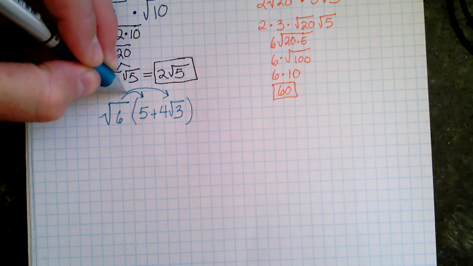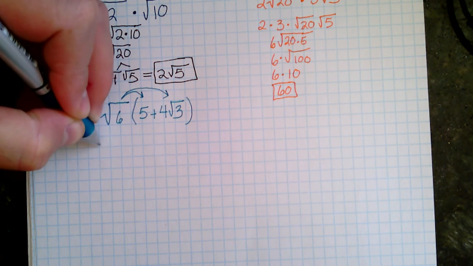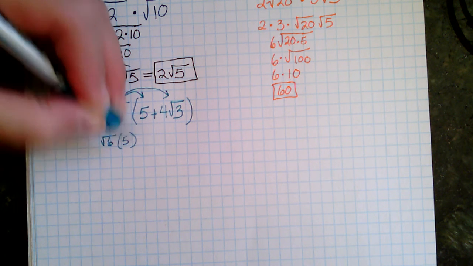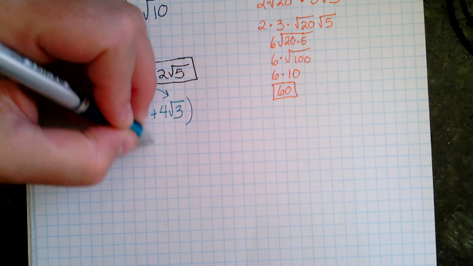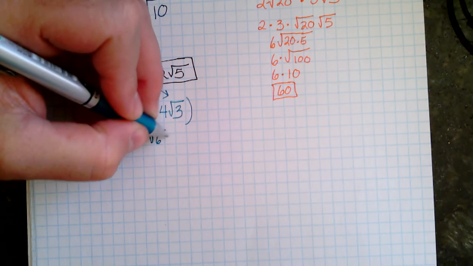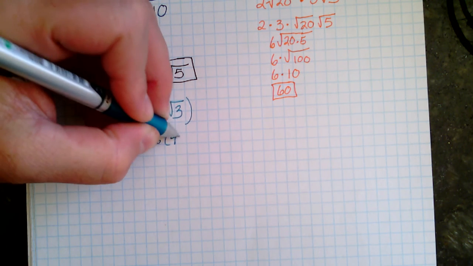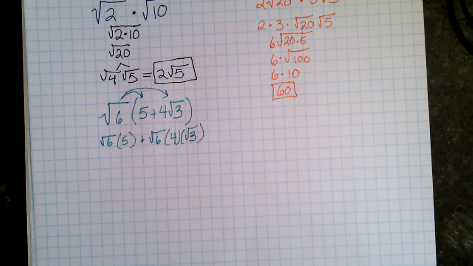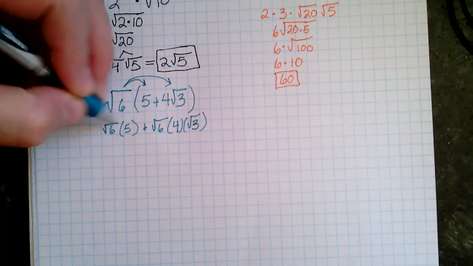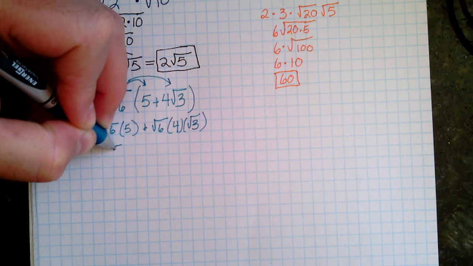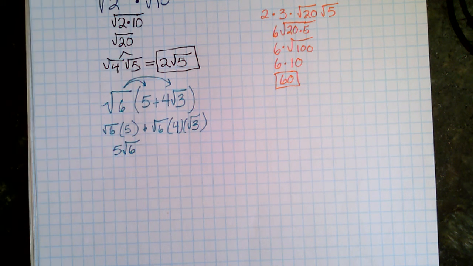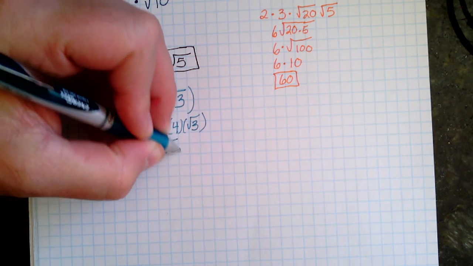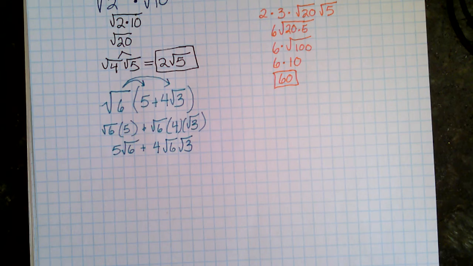So if I employ that idea, I have root 6 times 5 plus root 6 times 4 times root 3. Then if I rewrite the order, I can call this 5 root 6 plus 4 root 6 times root 3.